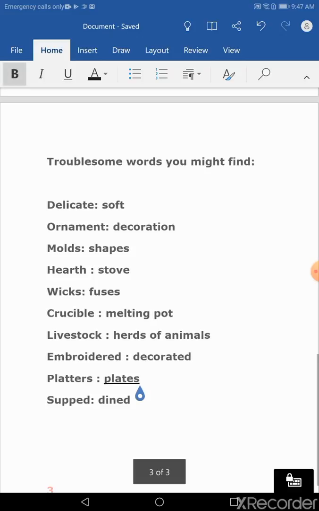These are some of the words that you might find a little bit tricky. I try to help you as much as possible. If you have anything else, just go online, check the meaning of the word, and go back. Not to mention that you also could use the context clue itself to tell you what the meaning of the word is.